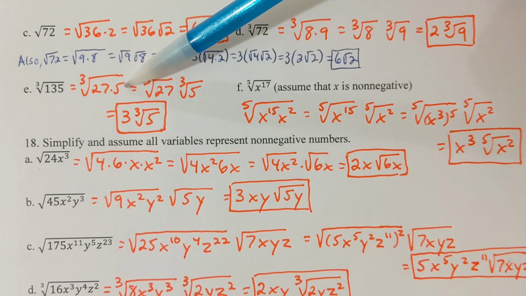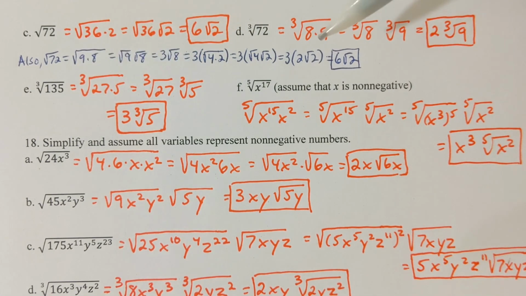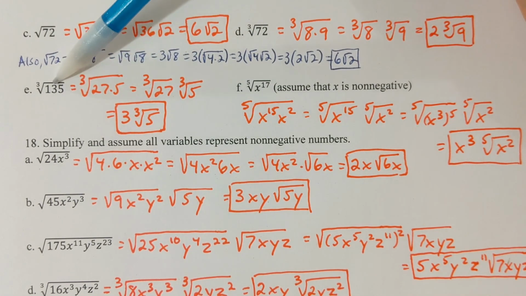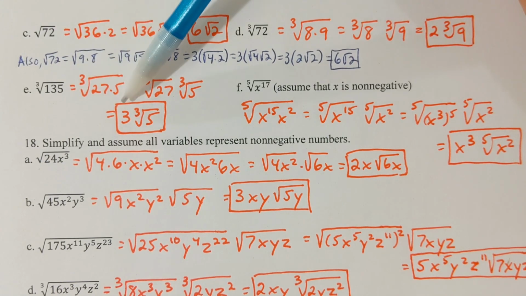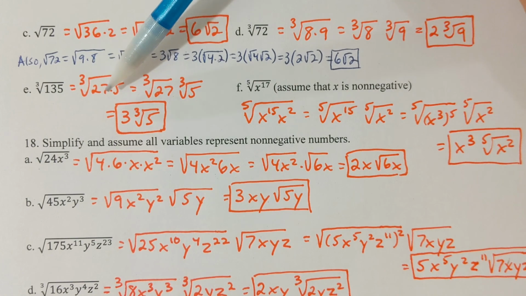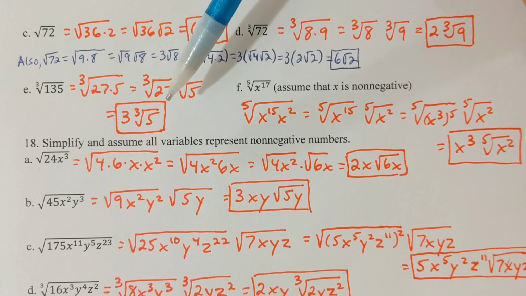27 times 5 would give you 135, and by the way, the fact that this is a cubed root means that automatically I need to be looking for numbers like 1, 8, 27, 64, because I know the cubed root of those numbers. I wouldn't be wasting my time with other numbers that I don't know the cubed root of.